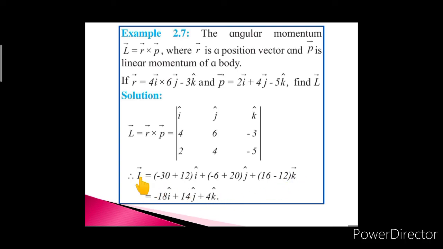So the value of vector L we are getting as minus 18 i cap plus 14 j cap plus 4 k cap.